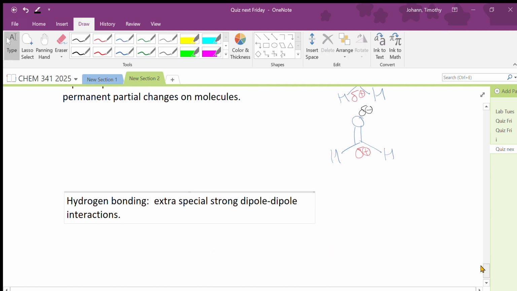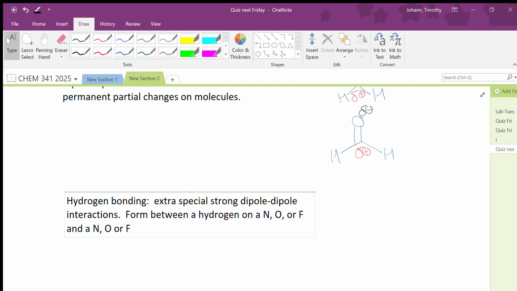Okay, so they're extra special and they only form between what? Okay, right. So form between a hydrogen on a nitrogen, oxygen, or fluorine, and a nitrogen, oxygen, or fluorine.